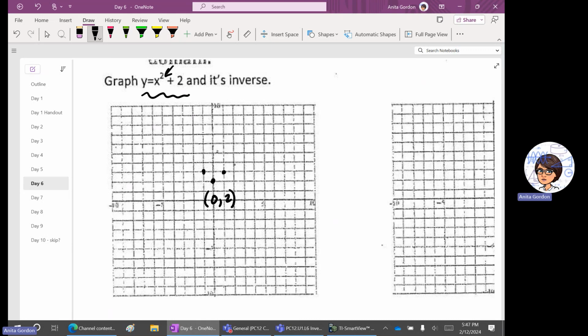Oops, this one should be a little bit higher. There we go. Okay, here is my parabola. The domain here is all reals, and my range is that y has to be greater than or equal to 2.